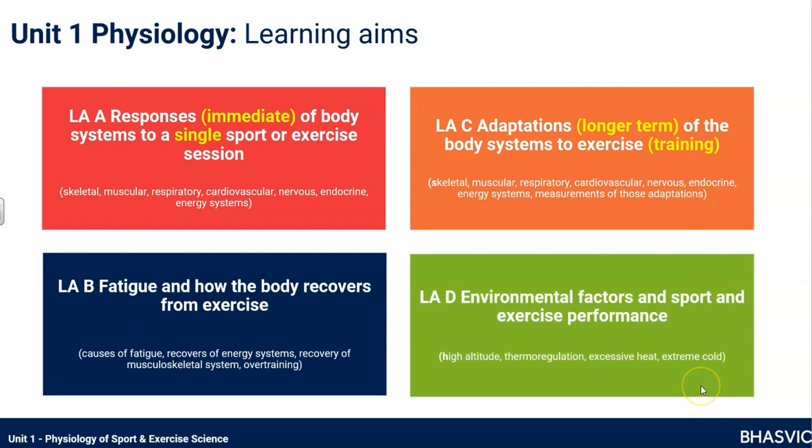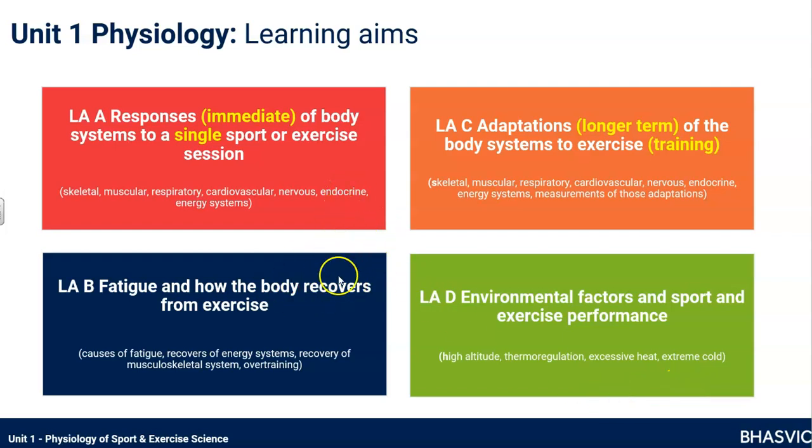And then this learning aim D is a little bit different. It is a combination of those, actually, all 3. If we were to try to exercise in different environmental conditions, for example, if we exercised in high altitude conditions or really, really hot conditions or really, really cold conditions, how do our systems respond?